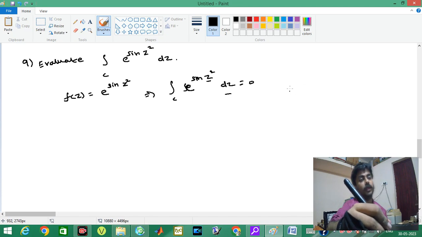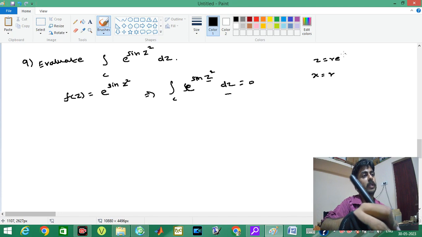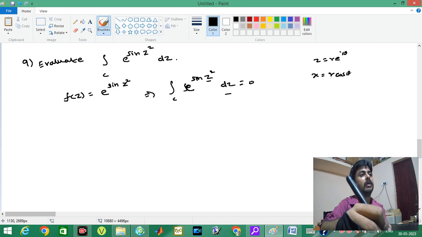The relationship I shall give you as a hint. z equal to r e power i theta. x equal to r cos theta, y equal to r sin theta, z equal to x plus iy.